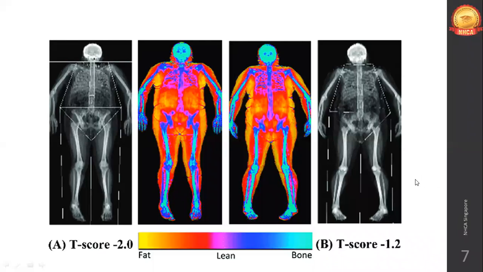It gives you the most accurate information, percent-wise, about how much fat you have in your body, what your fat versus muscle ratio is, and also information about your bone density.